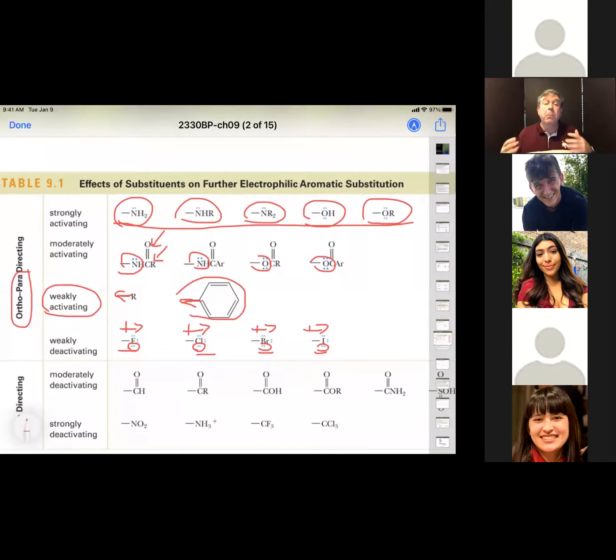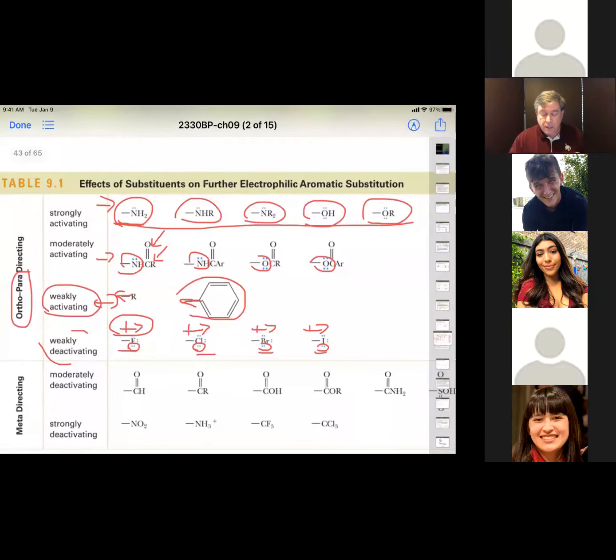And then how much electron density you can dump into the ring tells you how strong an activator it is. So it can donate all of this lone pair, some of this lone pair, doesn't have a lone pair, and then these are deactivating because inductively they're pulling electrons away, but the lone pairs can go back a little bit. So that's how you can look for ortho-para directors.